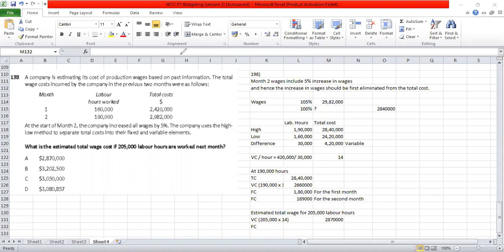At 190,000 we got the fixed cost to be 189,000, so for 205,000 labor hours also, the fixed cost should be taken at 189,000. Add them up, that would be the total cost.